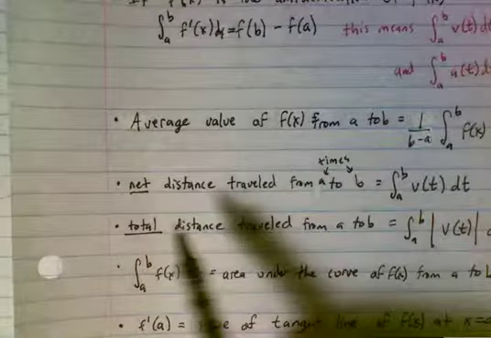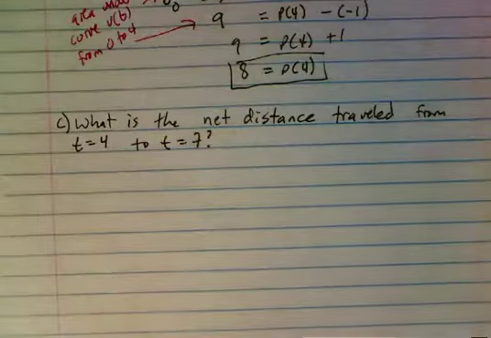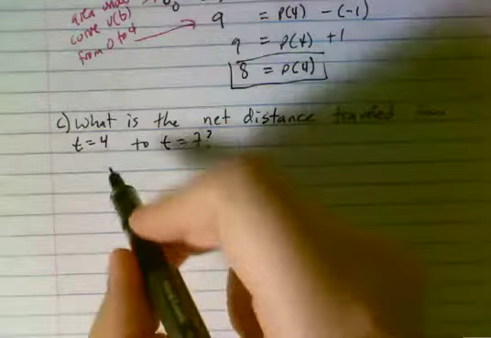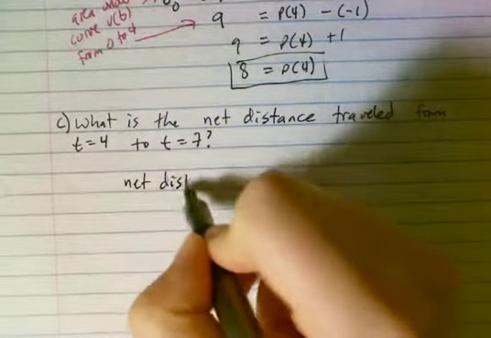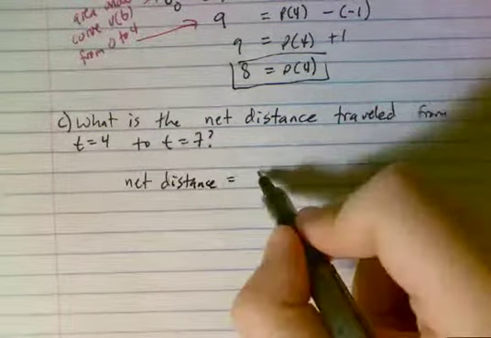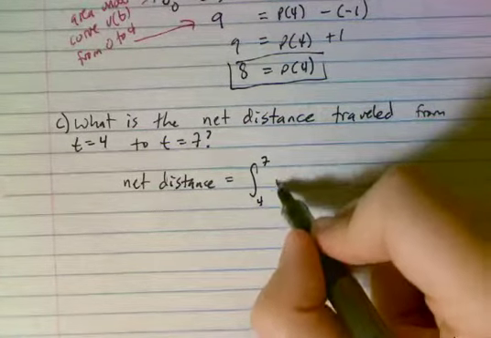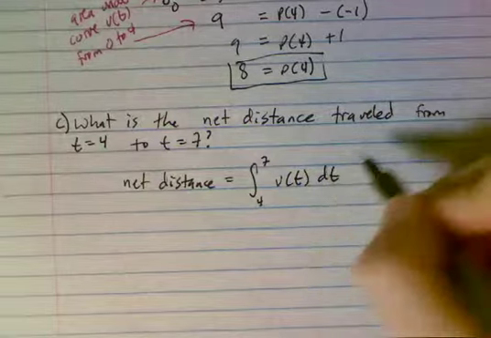Net distance from A to B, right here, that's just the integral from A to B. It's basically the change in position. The net distance traveled is how far we were at the end minus how far we were at the beginning. So net distance from 4 to 7, integral v of t dt.